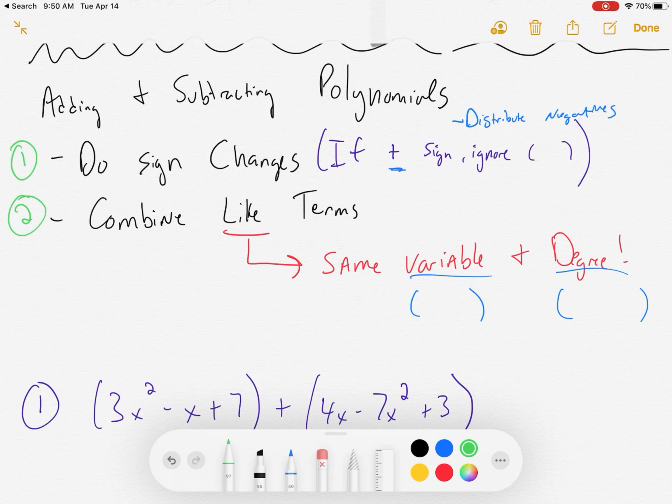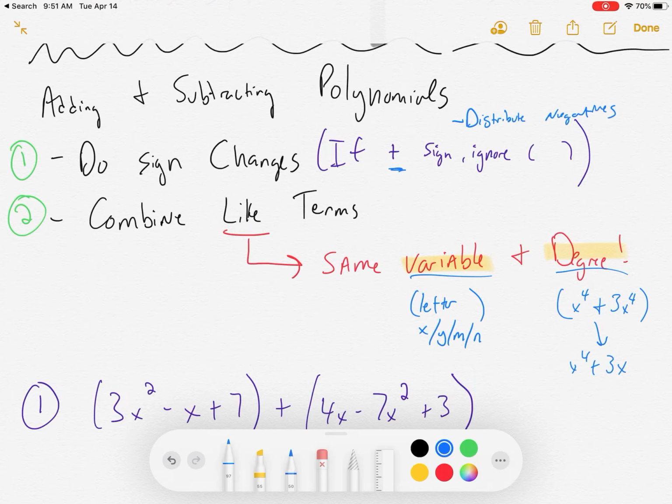You'll hear me say that CLT all the time. Now, underneath that, I have same variable and same degree. So a variable is just a letter, so same letter. That could be X, could be Y, could be M, could be any letter you can think of. Could be N, whatever. Degree, now remember, again, degree is the same exponent. So for example, x to the fourth and 3x to the fourth have the same degree.